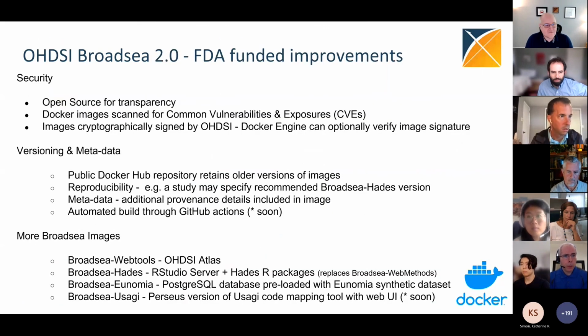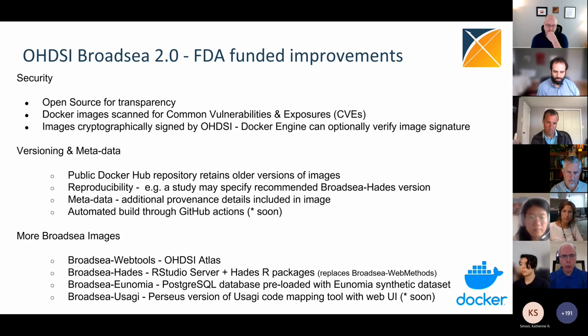Okay, so Broadsea's been out there for a while. It's a project around creating packaged applications using Docker. And what's new in this new version? It's new enough to be called Broadsea 2.0. So we've got security, so open source. Again, all these tools are open source, and Broadsea needs to be the same. So the scripts that generate these Docker containers are going to be out there as open source on GitHub under the OHDSI repos.